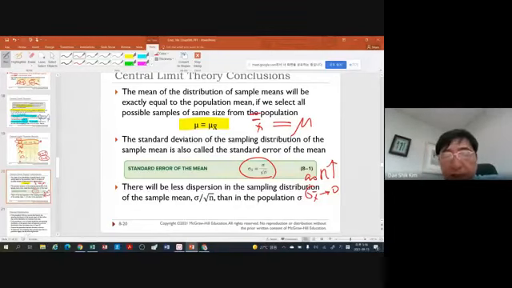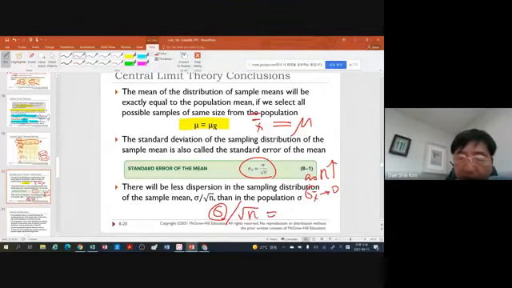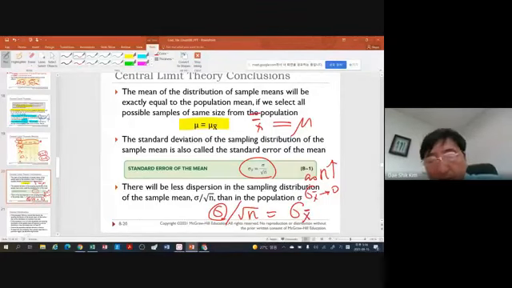The standard error of the mean will approach 0. So the population standard deviation sigma divided by the square root of n gives sigma of x bar, the standard deviation of the sample mean. Another word for it is the standard error of the sample mean.